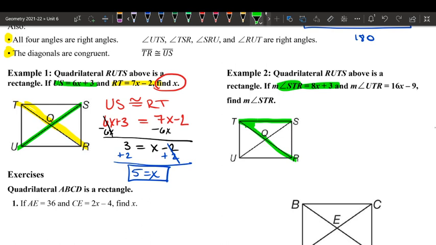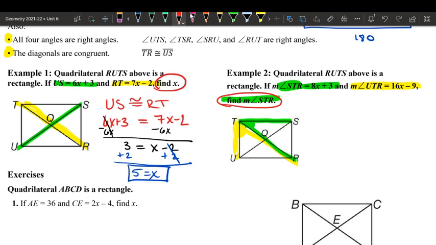And then the measure of UTR gives us that also. Here's U, there's T, and then R. All right, so now I know I'm talking about the other part of that corner. And it says to find the measure of STR. So that's what I need to solve for. The green one.